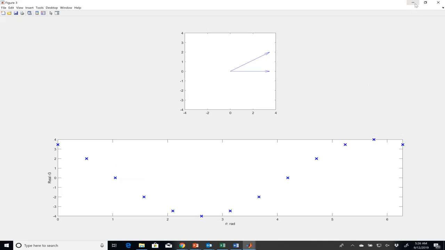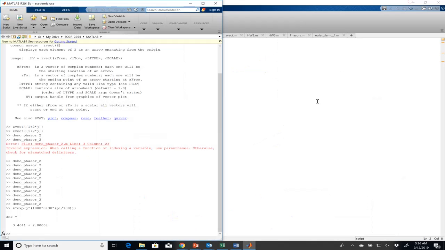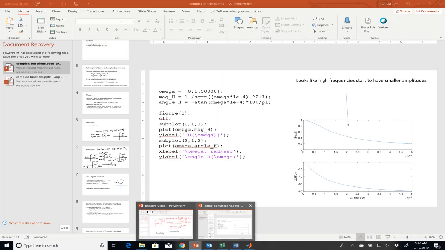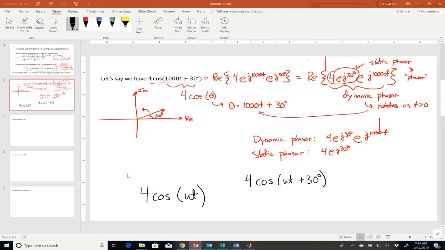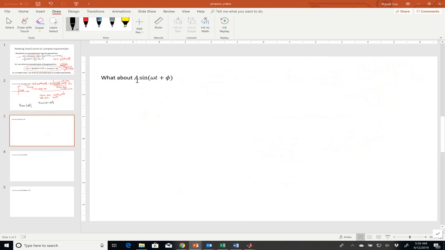So you should be able to watch this arrangement to understand exactly what's going on. Now the tricky thing comes in if I try to understand something like this. What happens if I have sine?